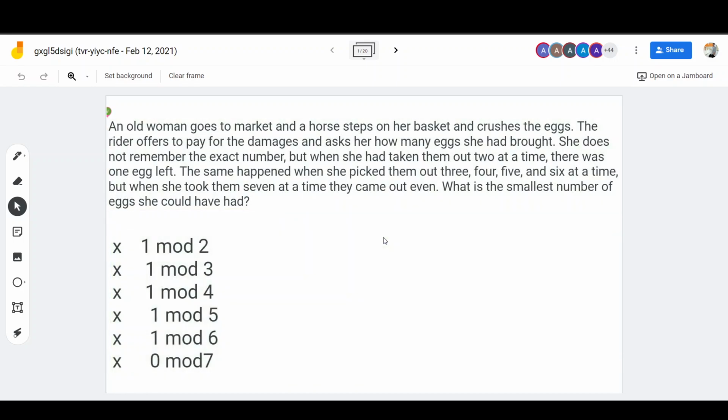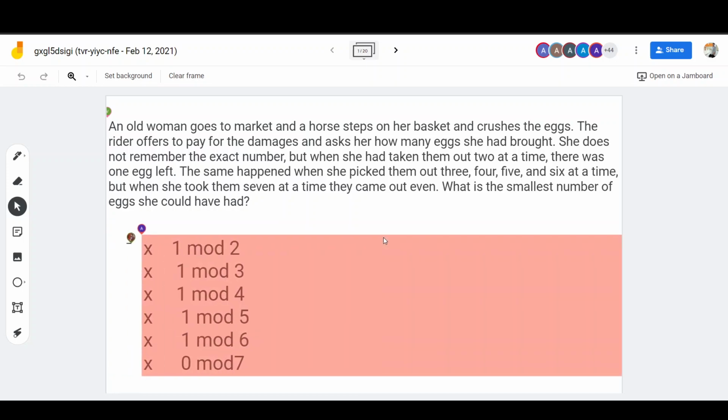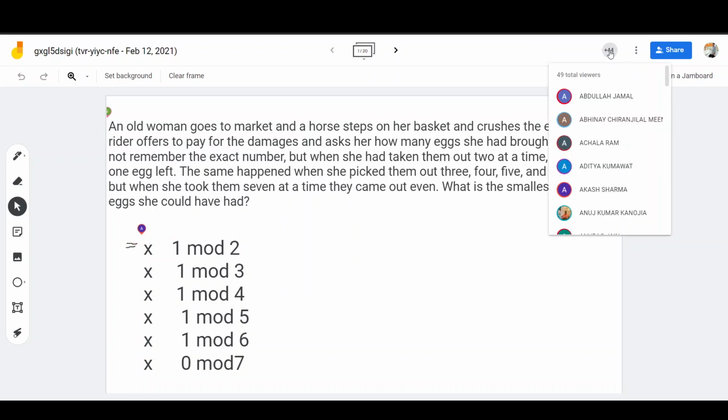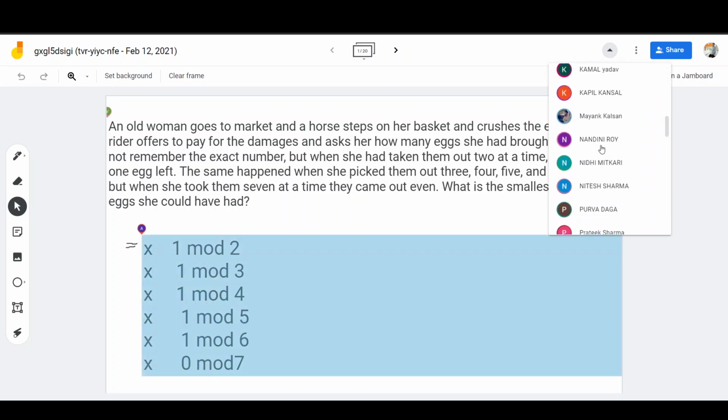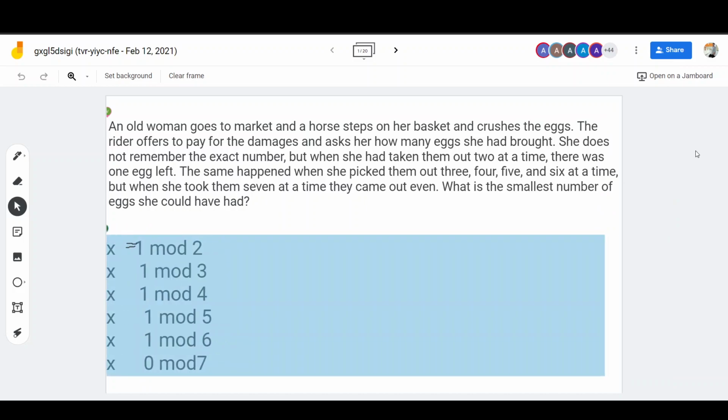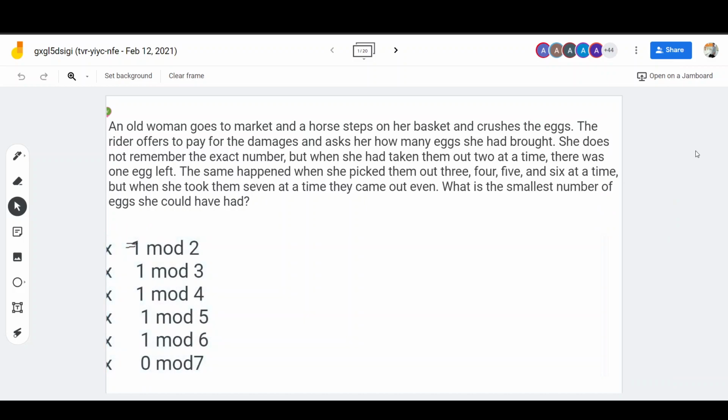So here you need to write it down. This is congruent. This is congruent.